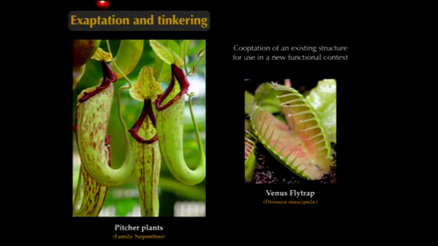A structure that's evolved for one function originally is exapted. It's co-opted for a new function. A structure that's evolved for one function and becomes co-opted for a new function is called an exaptation. And so much of evolution has happened through that process.